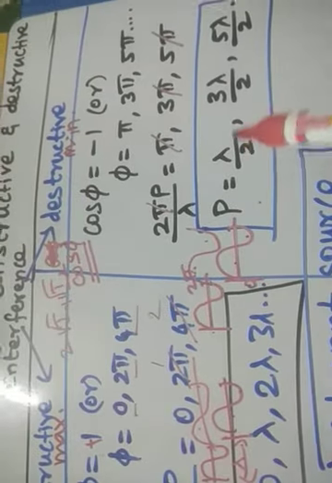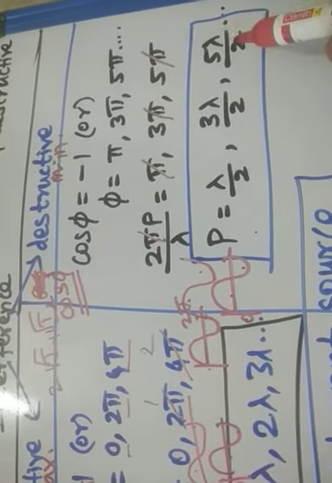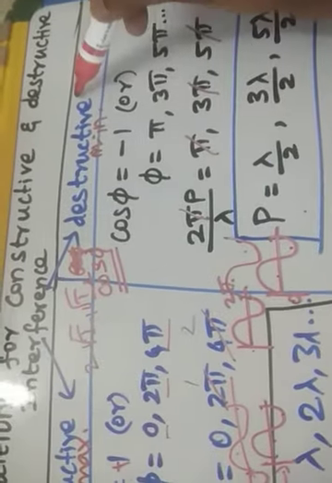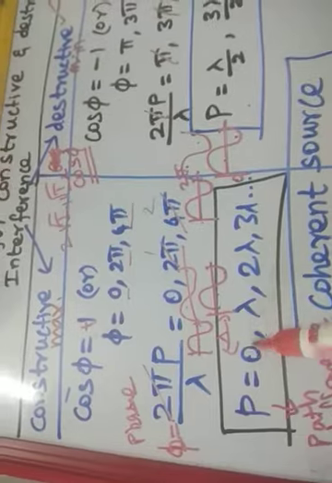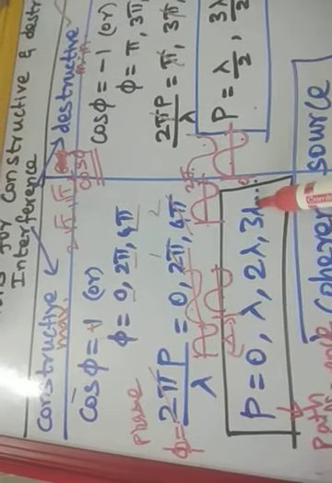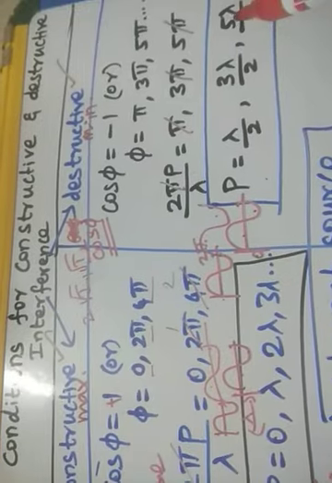If the path difference between the two light waves is λ by 2, 3λ by 2 and 5λ by 2, definitely destructive interference will happen. If the path difference is 0 or λ, 2λ, 3λ, definitely constructive interference will take place at this position. So this is constructive and destructive interference.